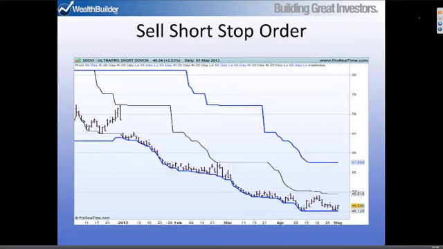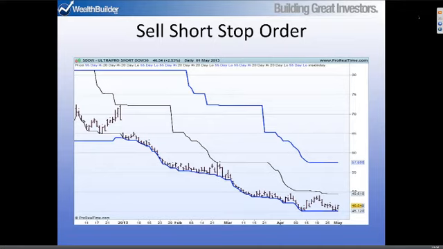So sell short stop orders are used for entering new short positions in stocks that break below a level of support. Remember, once your stop price is reached, your order becomes a market order to sell short, and you may be filled at a price a little bit different from your order price. It's usually just a little bit, but it depends on volatility.